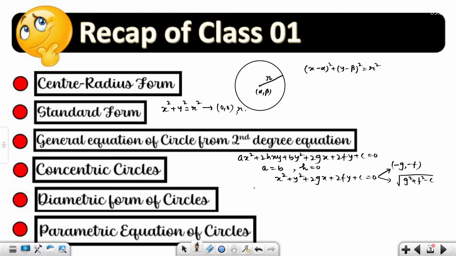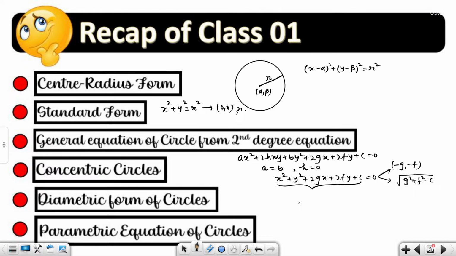Okay. Then we are coming to concentric circles. What do you mean by concentric circles? Concentric circles are those circles whose centers are the same. If the centers of circles are the same, only the radius differs, then we call those circles concentric circles. Let us say this is the equation of a circle.